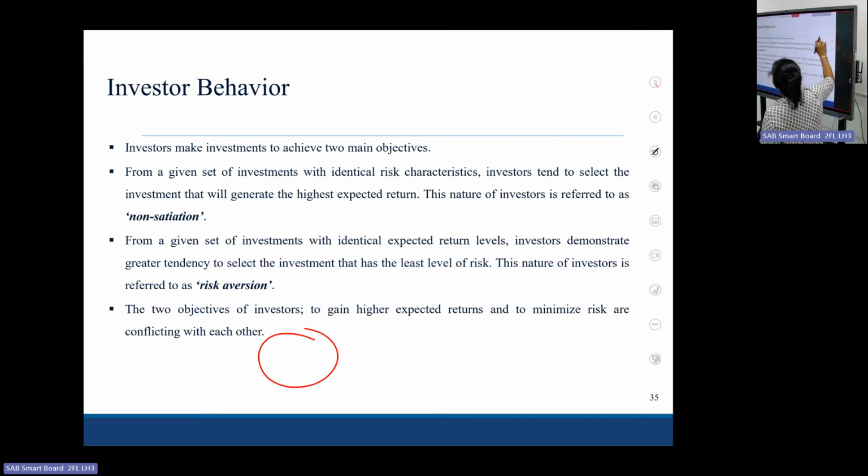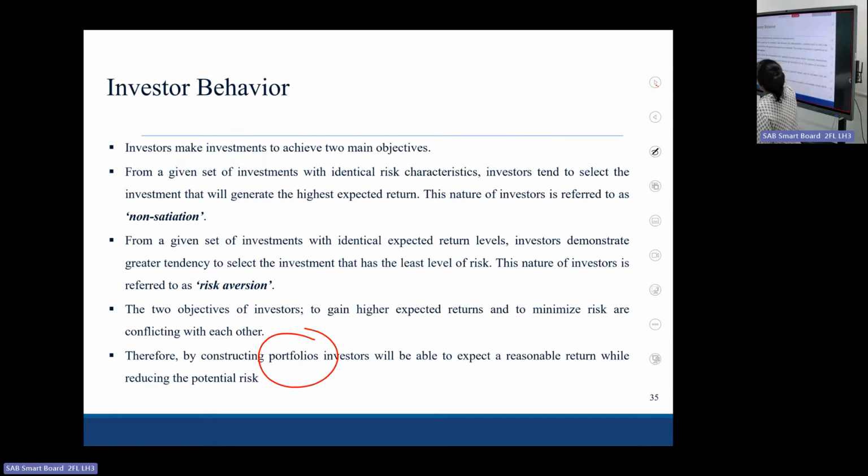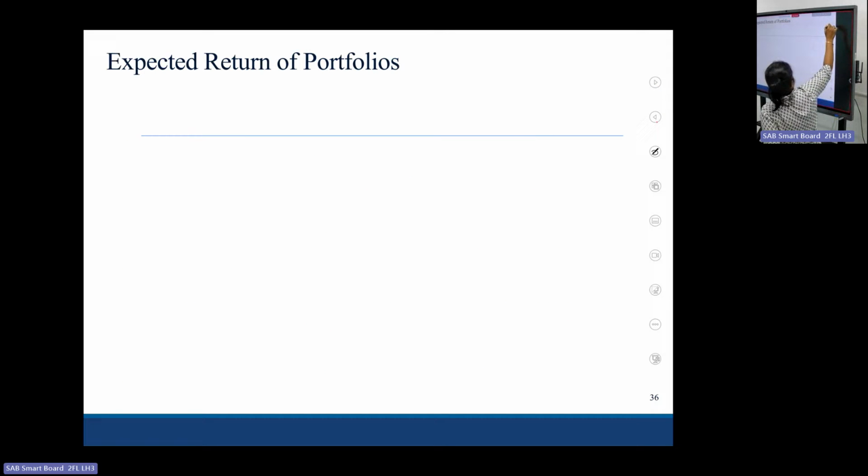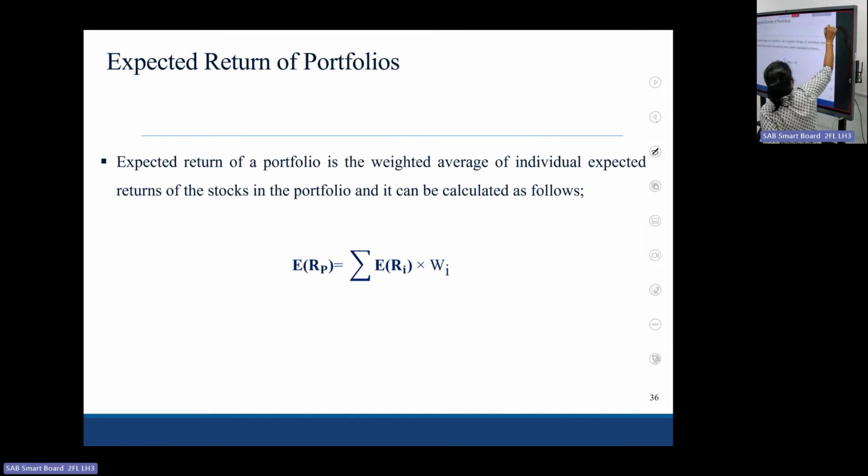This is non-satiation: you always try to maximize return. And this is risk aversion, avoiding risk. So we construct the portfolio to achieve both in a reasonable way.